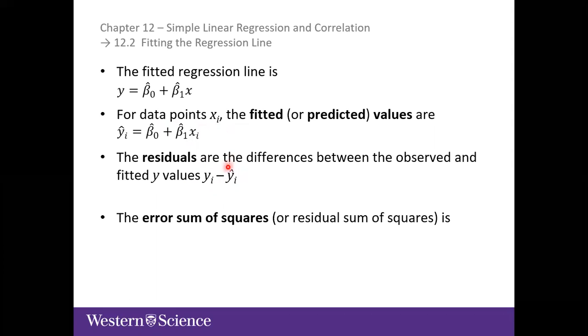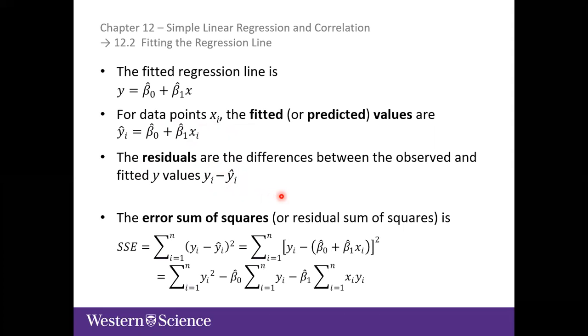Based on this residual, we can define the error sum of squares, which is the sum of the differences between yi, the data point, and yi hat, the predicted value based on the least squares linear regression model.